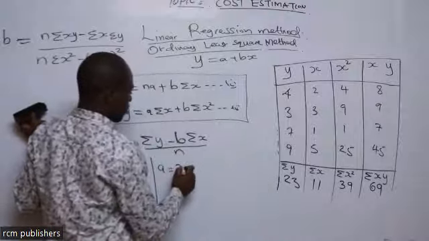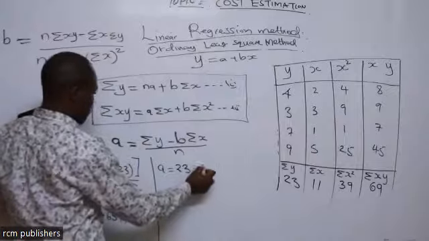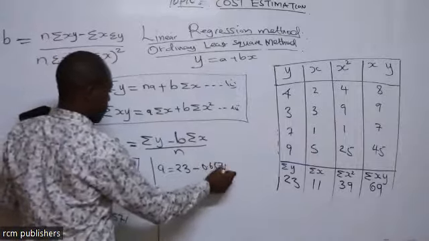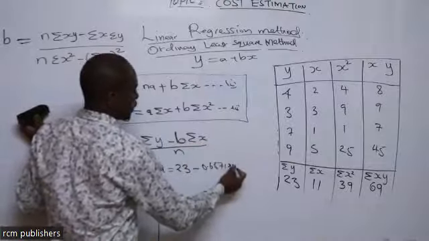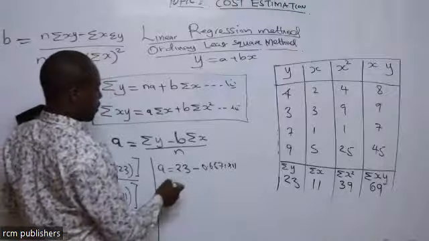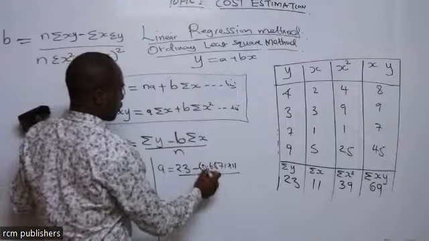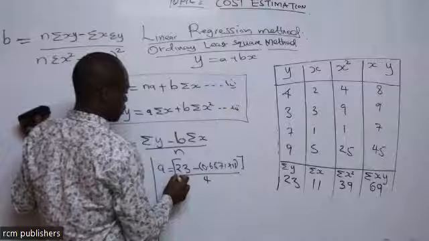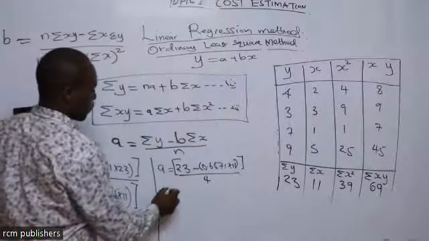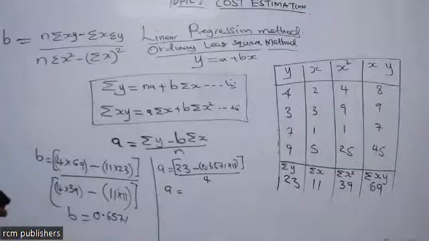23, minus B, 0.6571, multiplied by summation of X, which is 11. Then we divide by N, which is 4. That's all. What is the value of A?